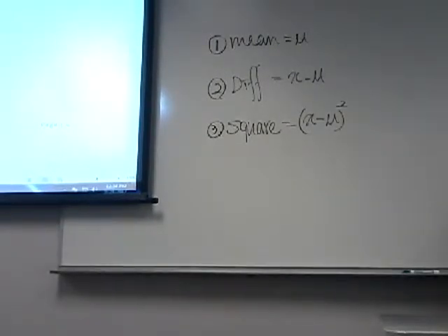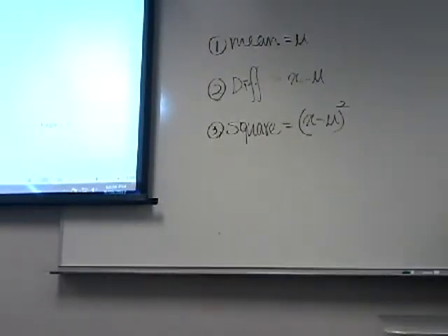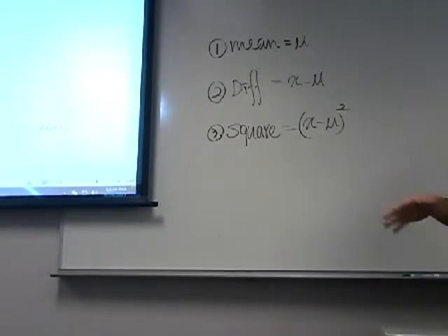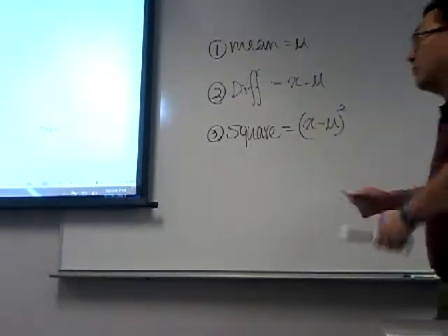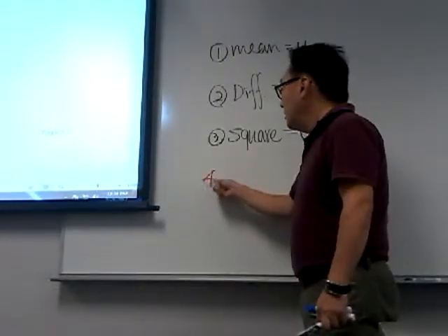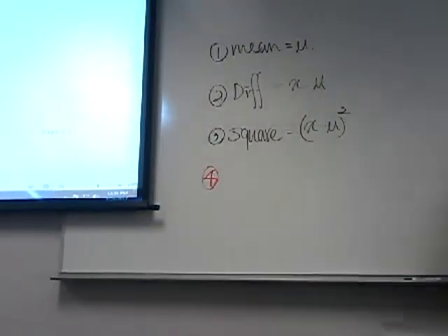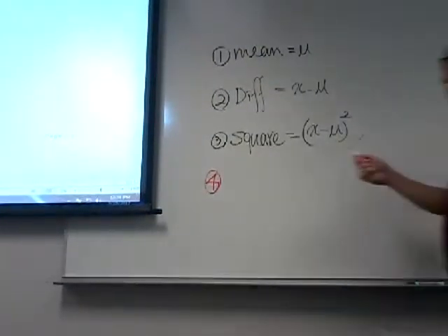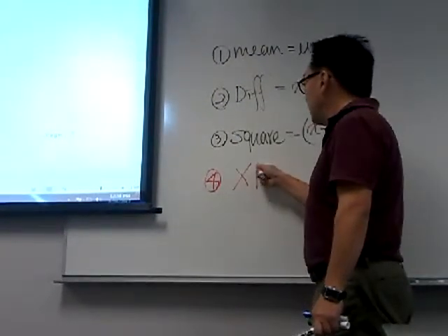What was the next? Yeah, we took the sum, but not now. I'm sorry, it's not now. Step 4, we are going to take multiplication, times the probability.